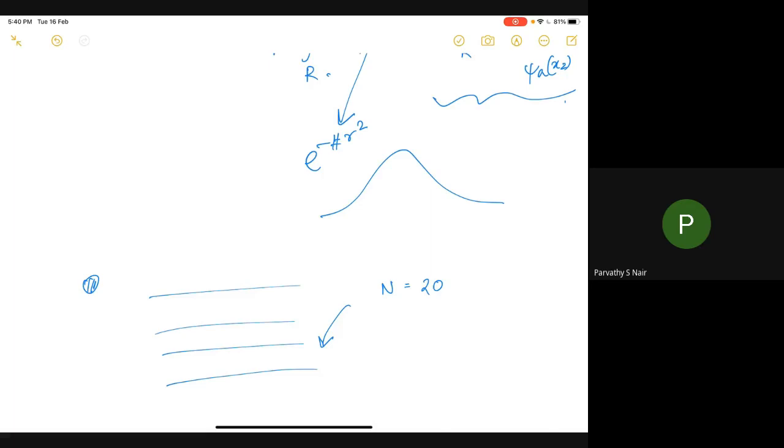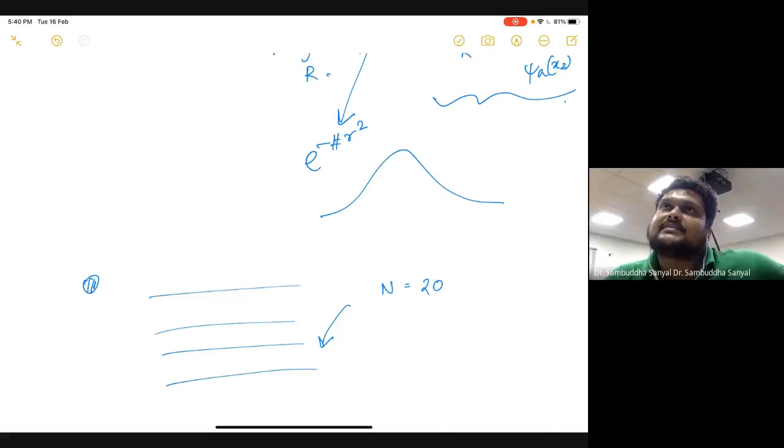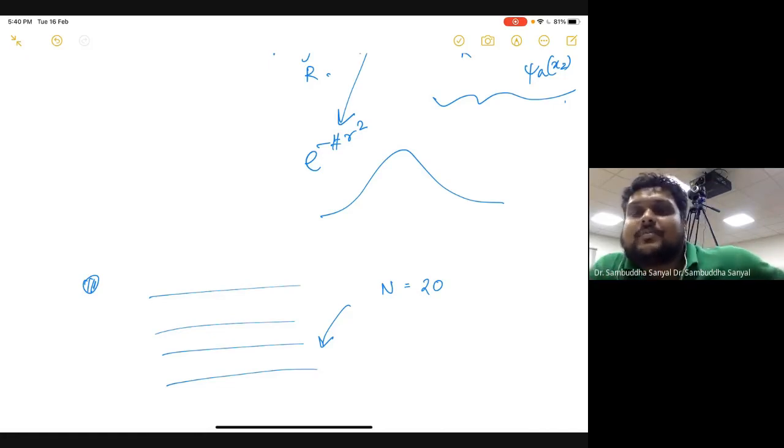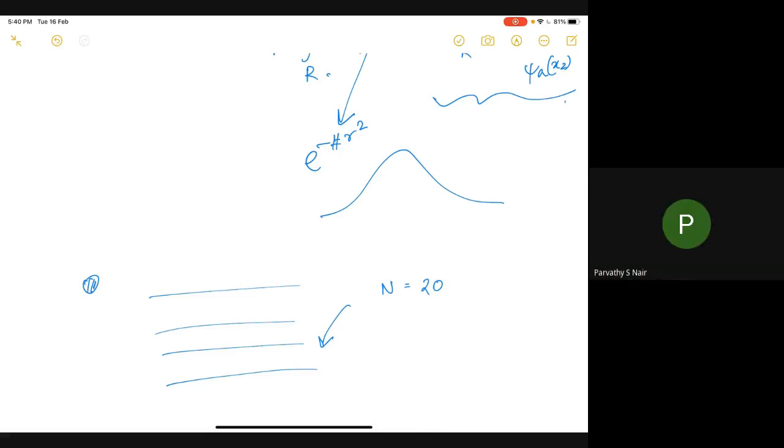So it depends on various things. It depends on how many electrons are there, what is their total. An atom has no problem being a total overall bosonic object. Atom is a composite object.